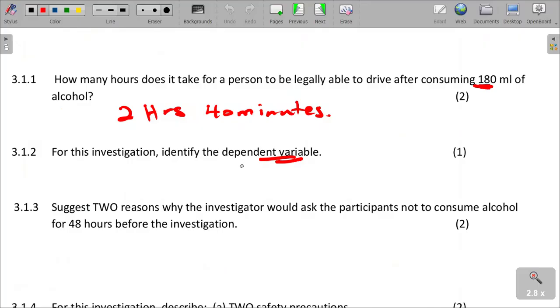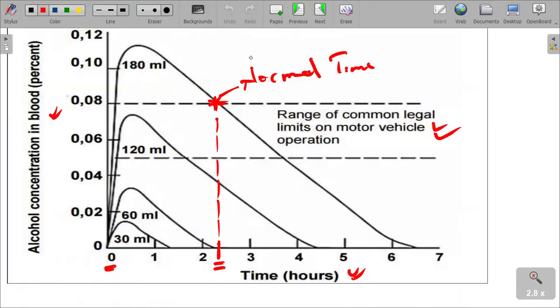The dependent variable, we are saying that it must be found on the alcohol concentration, which is on the vertical axis. I said dependent is found on the vertical axis, class. This is the dependent variable.